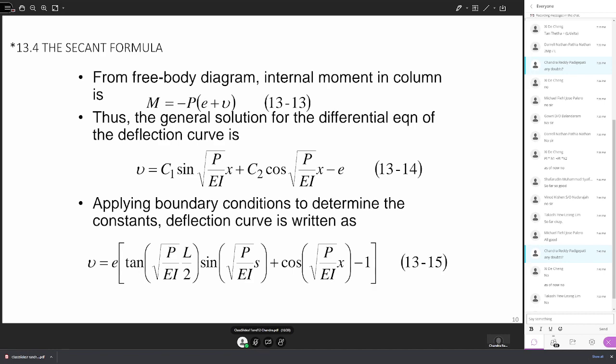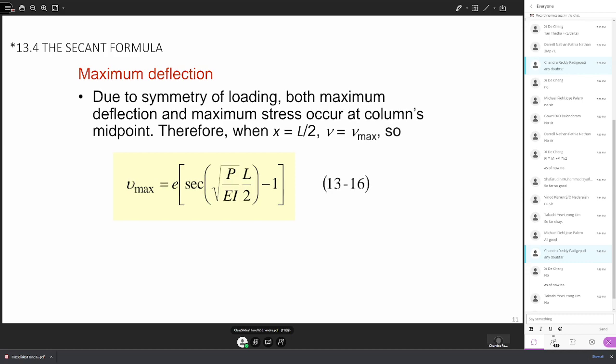So I will just go to the final formula that is most important. Here, this is the maximum deflection you can calculate using this formula, the maximum deflection due to a load P. P is the load, acting at an eccentricity E, where the length is L, let us say.